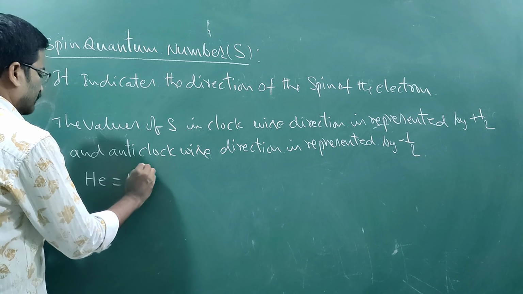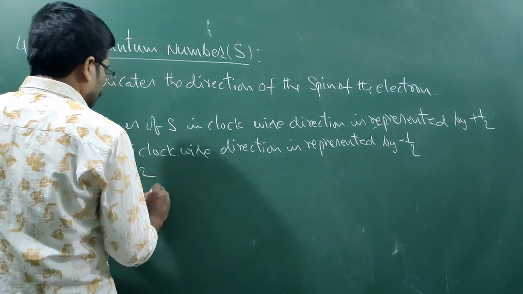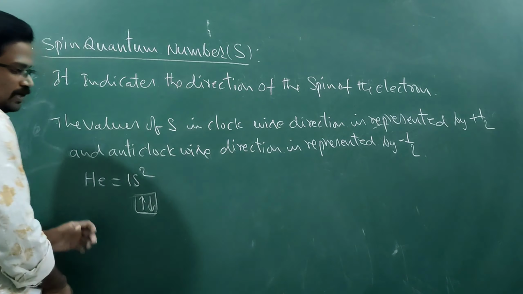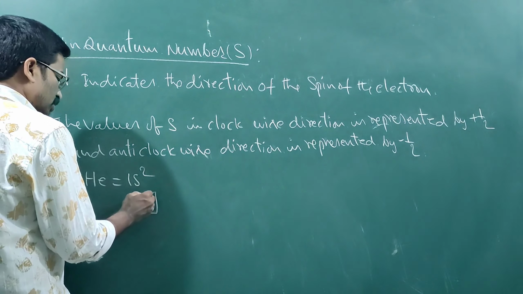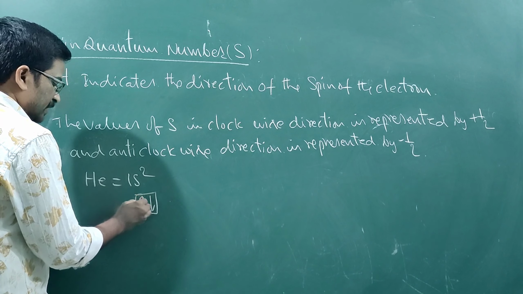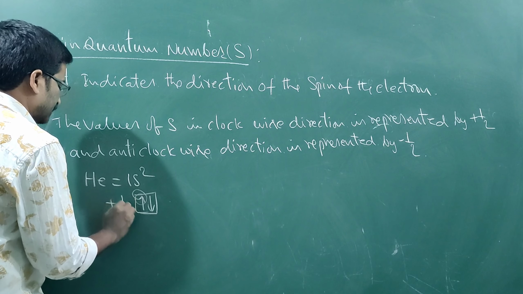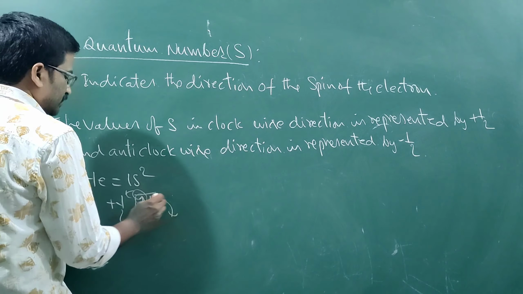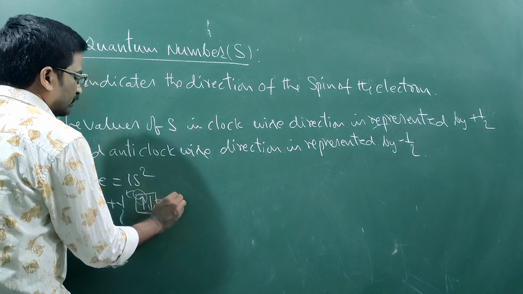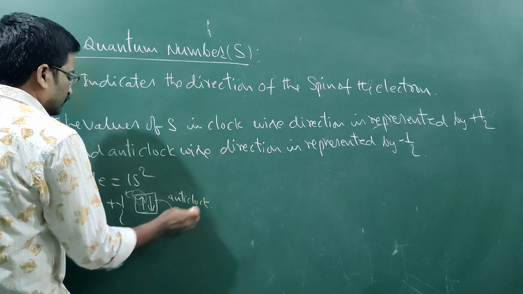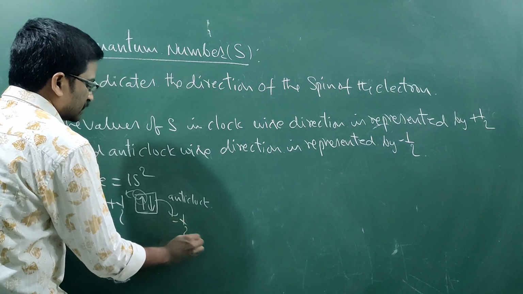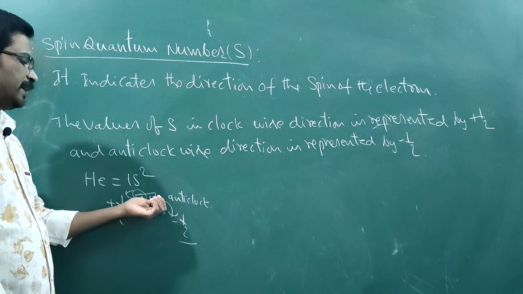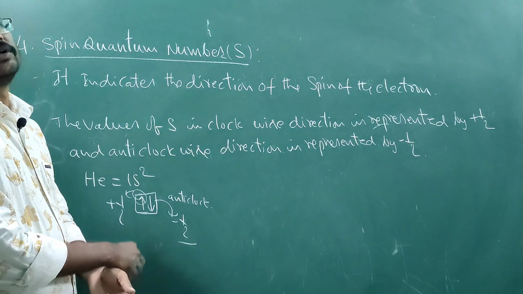The helium electron configuration is 1s2. These electrons occupy an orbital, and the electrons are represented like this. The upper one is in clockwise direction, represented by plus half, and the other one has the opposite spin, anti-clockwise, treated as minus half.